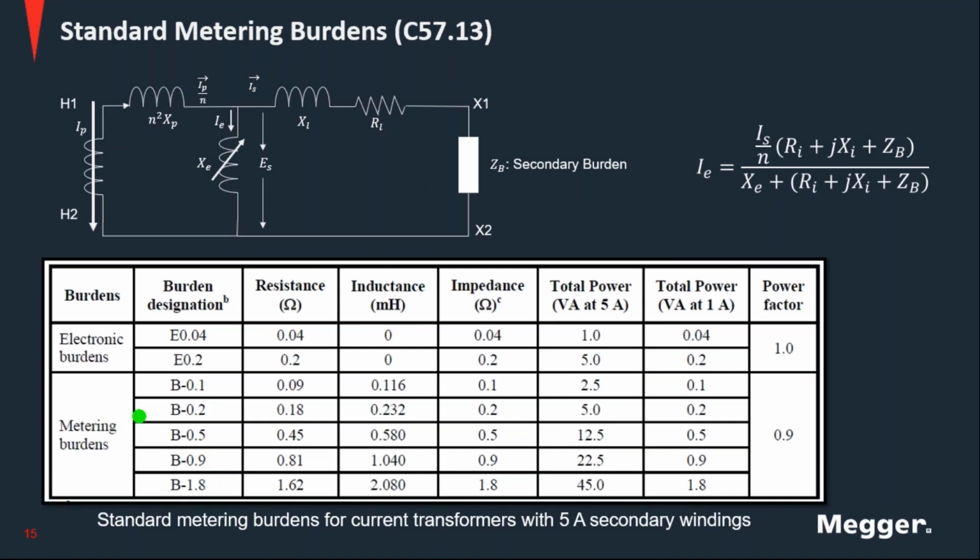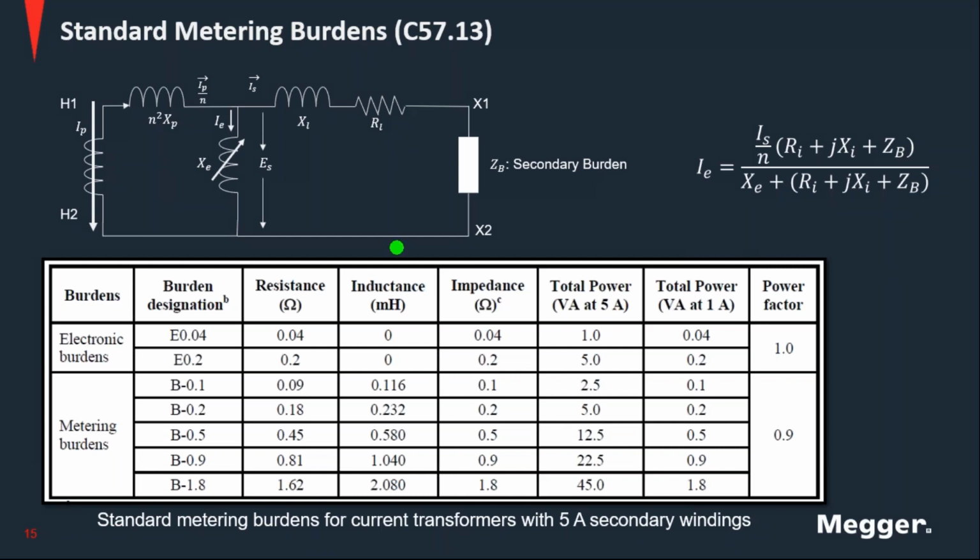So we have the designation. In the IEEE world, you designate the burden. The designation starts with a B, and then it shows the maximum impedance that can be connected to that circuit. The total impedance is 1.8 and corresponds to this rating here, but it is made out of a resistance and an inductance, so you can also determine that information.